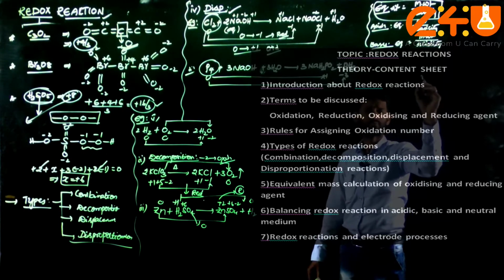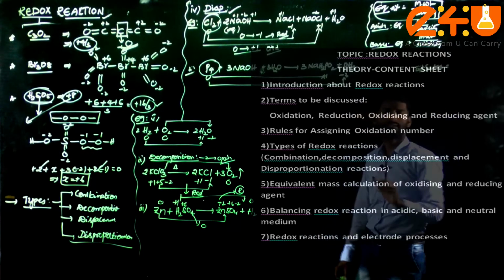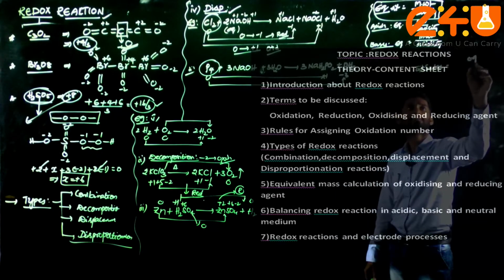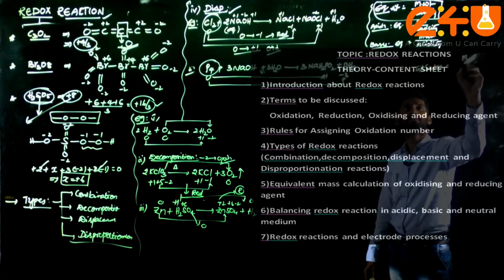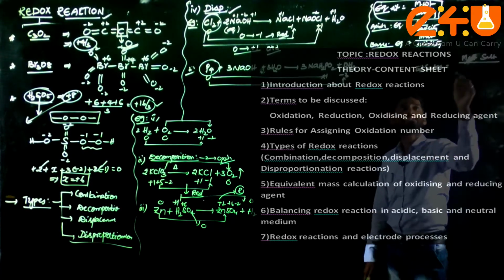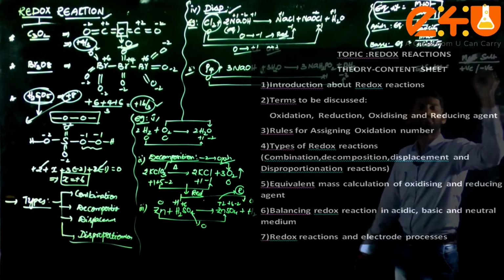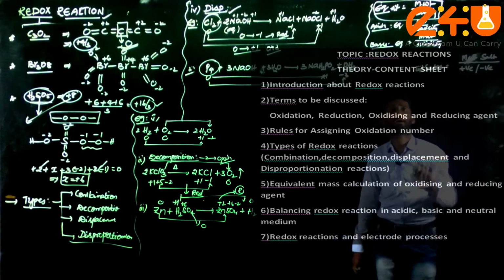Next, how to calculate for salts? Equivalent mass is the molecular mass of the salt divided by the total positive or negative charge on the particular cation or anion.